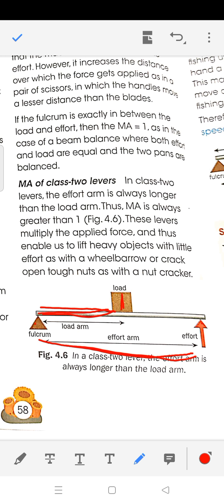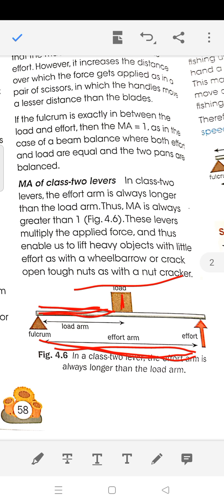And so the mechanical advantage will always be greater than 1, because effort arm is always greater than the load arm. So this is the example of class 2 lever.